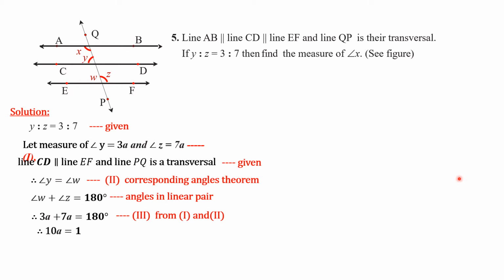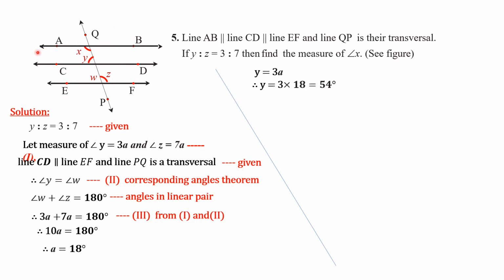Therefore 10A is equal to 180 degree. Therefore A is equal to 18 degree. Now find out the angle Y. Y is equal to 3A. Therefore Y is equal to 3 into 18 is equal to 54 degree.